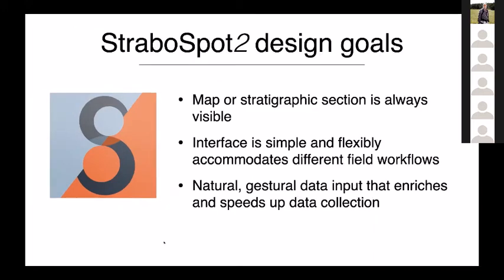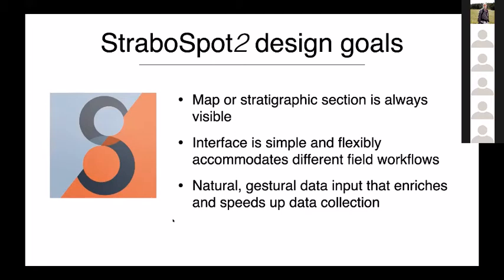The design goals for the second iteration of the StraboSpot mobile app are that the map is always visible and is the centerpiece of data collection, and the interface is more simple. We specifically thought about incorporating flexibility in the user interface to accommodate different types of structural geology workflows, and I'll talk a little bit about that in the mockup.